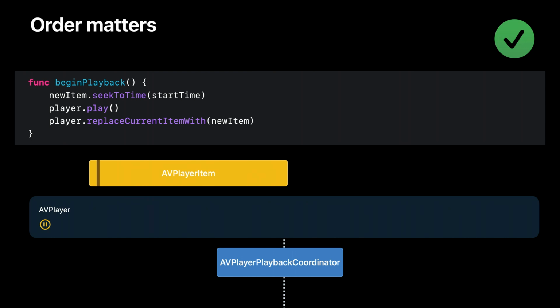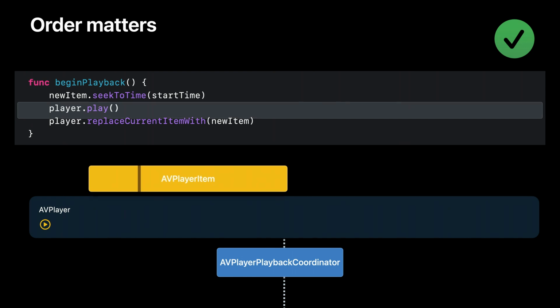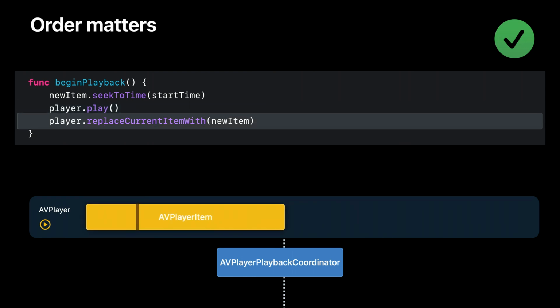It is important that we seek to our start time first, and similarly, we should change player rate before the item is enqueued, so that our initial configuration cannot affect anyone else. If we do it in this order, the playback coordinator can decide if we are first and our state should be shared with everyone else, or if another state already exists and that should override our state instead.